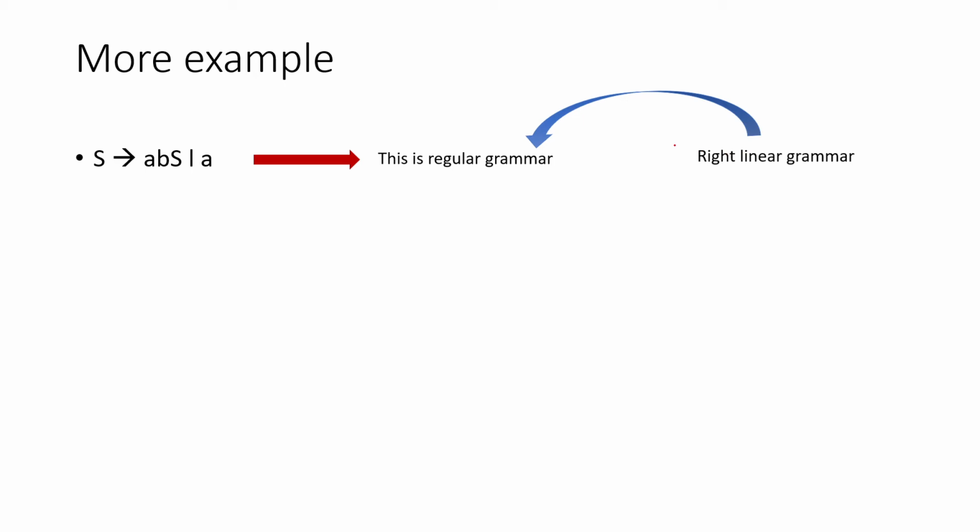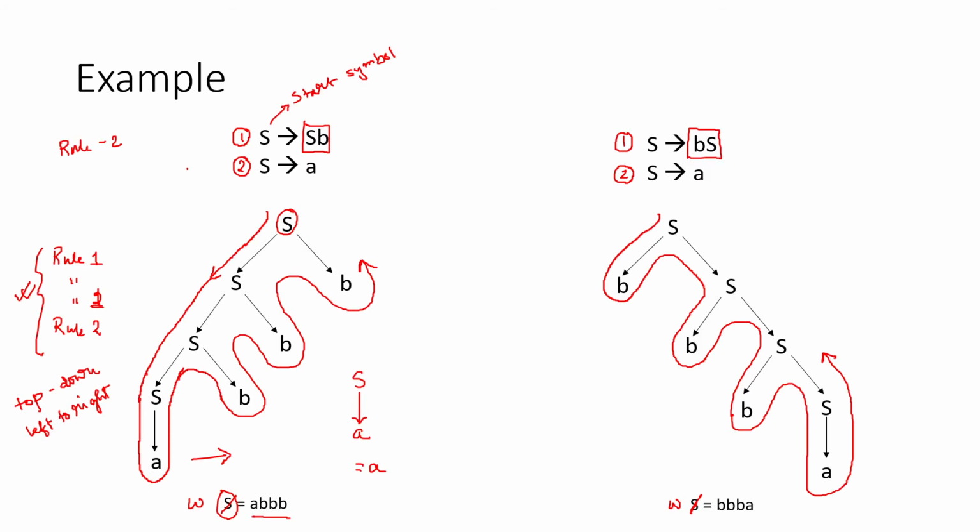The reason is that if you check the LHS side, we have S, and if you look at the RHS side where S is present, S is present in the rightmost side of the production rule. Since S is in the rightmost side of the production rule, that means you can expand the tree towards the right side only, and that is the reason why we call it right linear grammar. So this is an example of right linear grammar.